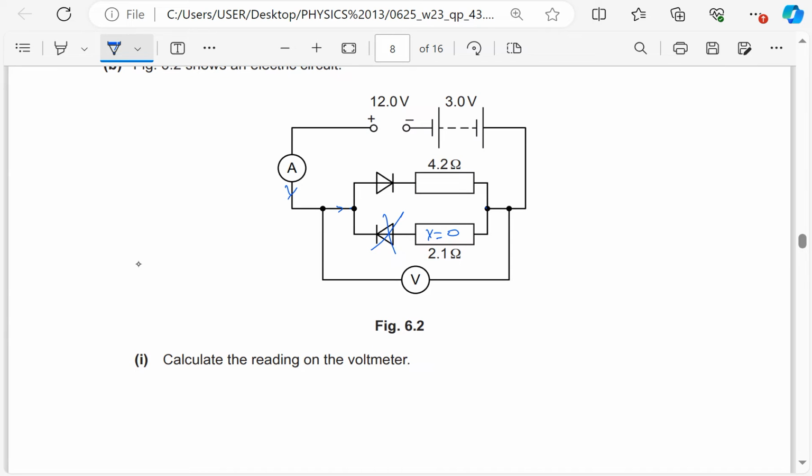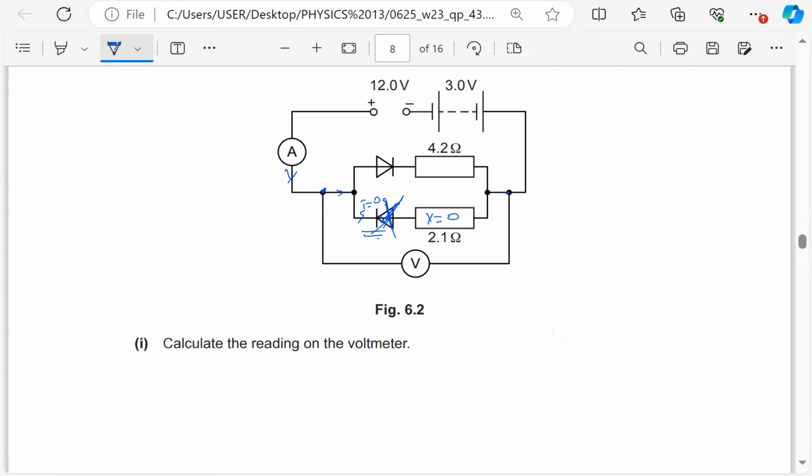Because the resistance here is going to be infinite actually. The diode is reverse biased, so it is not conducting, so there is no current here. The current here is going to be 0, which means the PD across this is 0. But the voltmeter is connected across this and this, so it is reading the PD across the upper part.